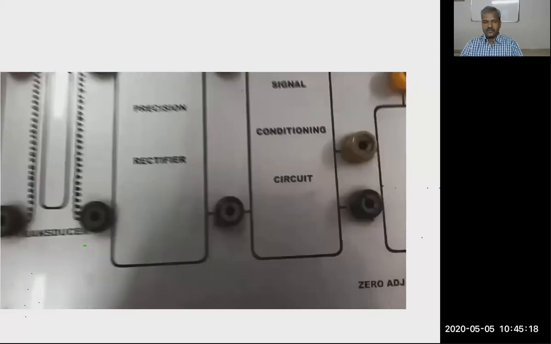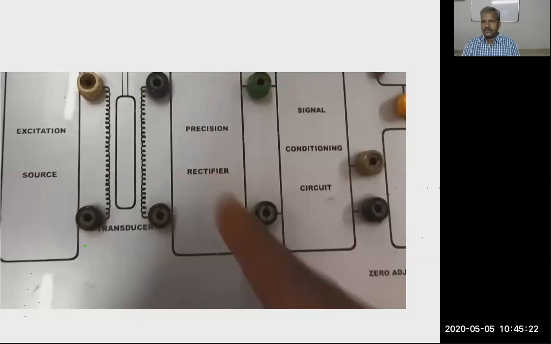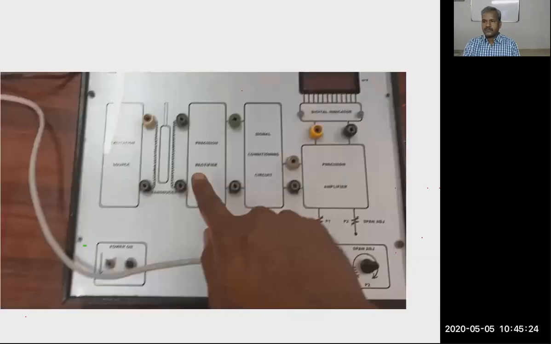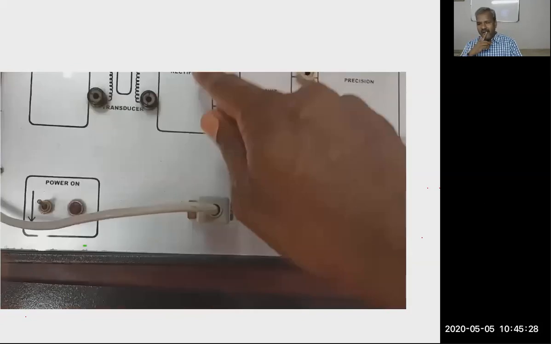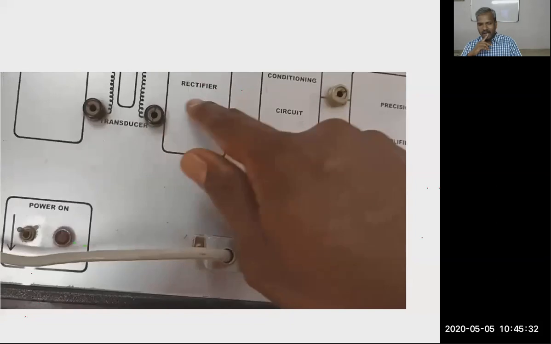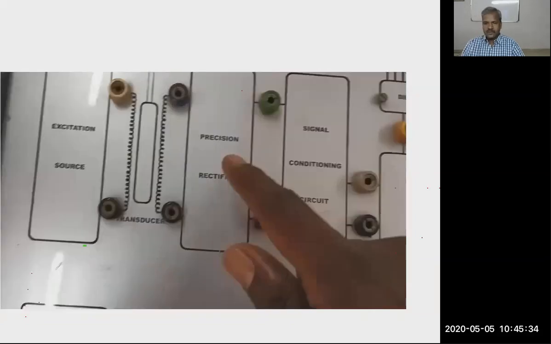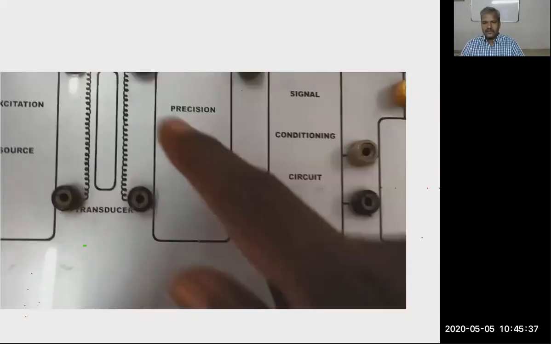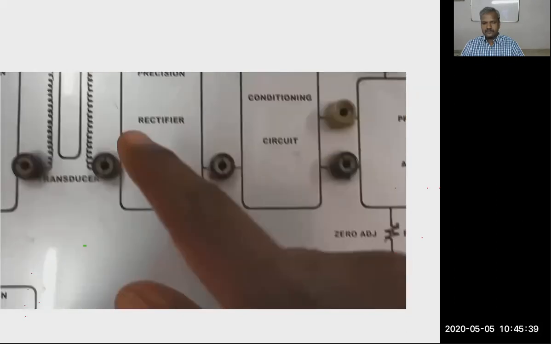Then the secondary output from the inductive transducer is signal conditioned, converted into DC voltage by means of a precision rectifier. What is a precision rectifier? That we will discuss in theory.